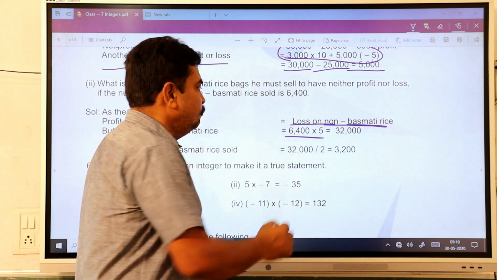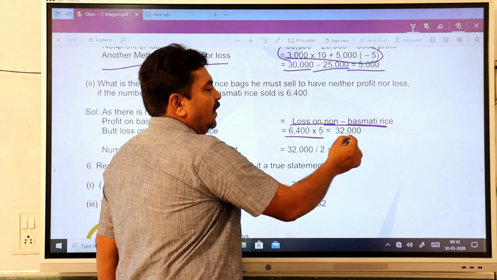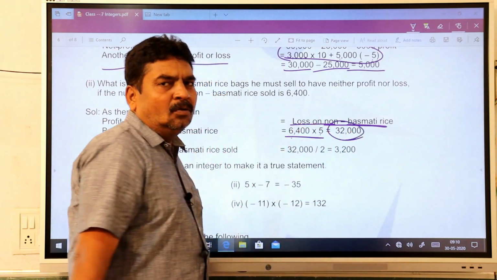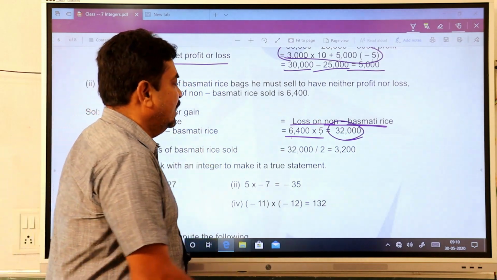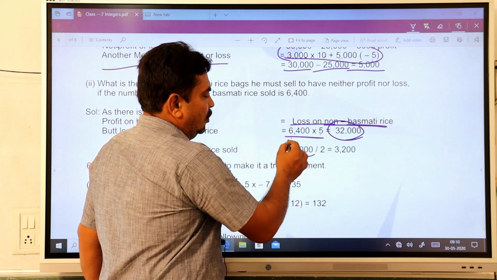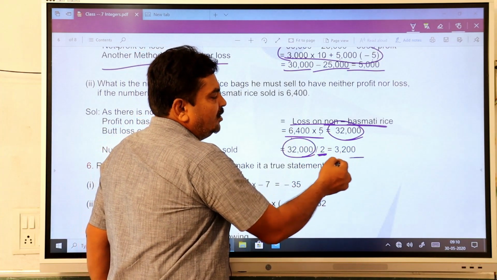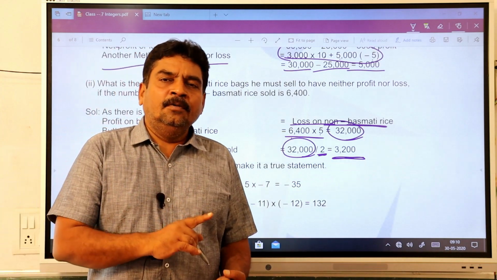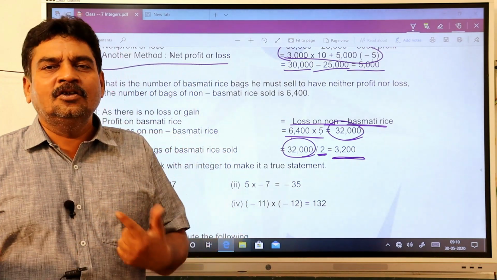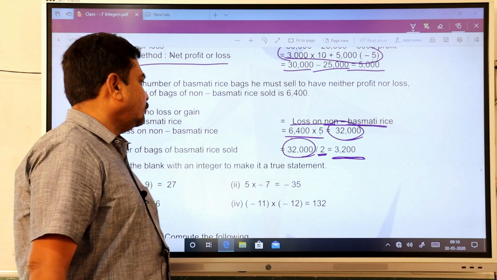How much loss does he get? 5 rupees per bag, right? So 6,400 into 5 is 32,000. And the basmati profit must be the same, so 32,000 divided by 10 gives 3,200. That is neither loss nor profit.